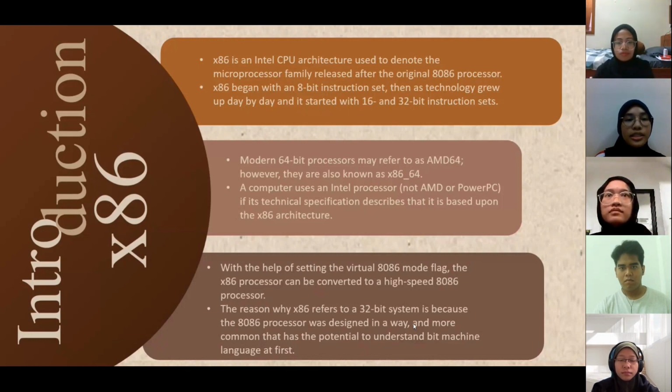Third, modern 64-bit processors may be referred to as AMD64. However, they are also known as X86_64. In the early 2000s, the AMD64 label was at the forefront of 64-bit processing technology.